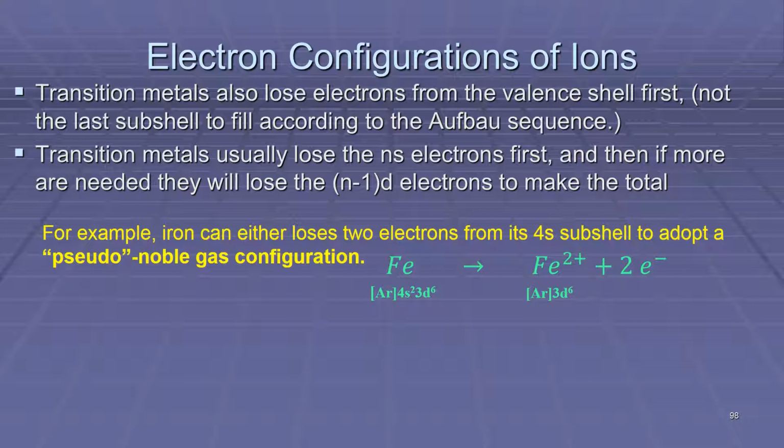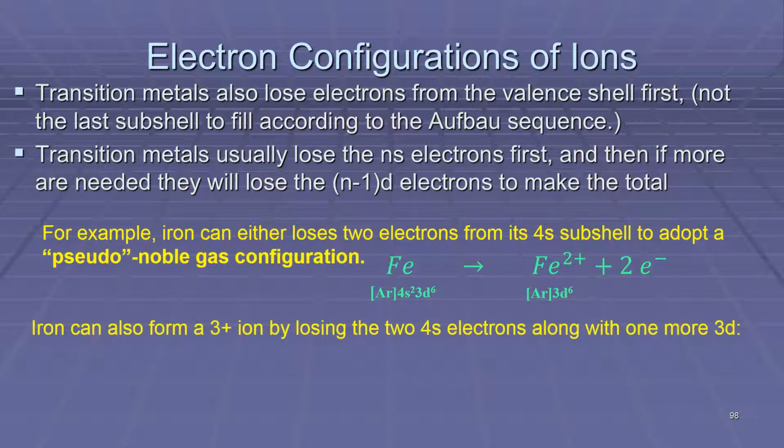Iron can also make a +3 ion, so again, you would first remove the 4s2 electrons, and then since we need to remove 1 more electron to get a +3, we would lose one more 3d electron. So the electron configuration for iron 3+ would be argon 3d5.